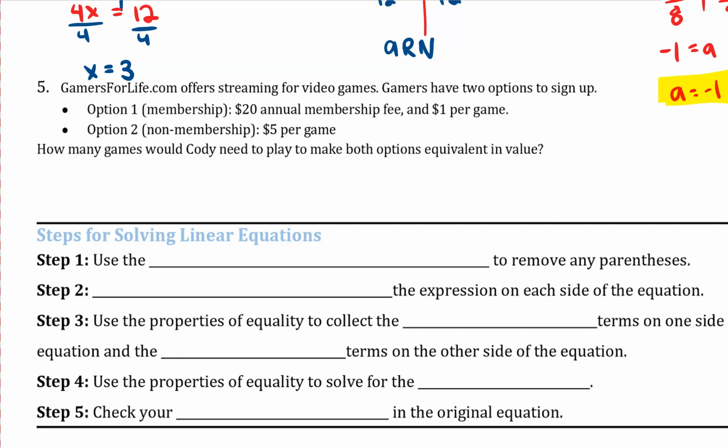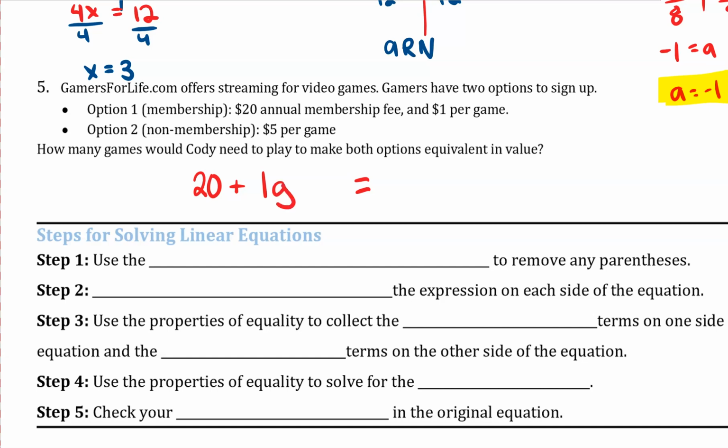So we're going to make an equation to compare the 2 different options. So I'm going to do option 1 as the left side of my equation. So it's going to be $20 that he pays once a year plus $1 per game. I'm going to call that 1G.